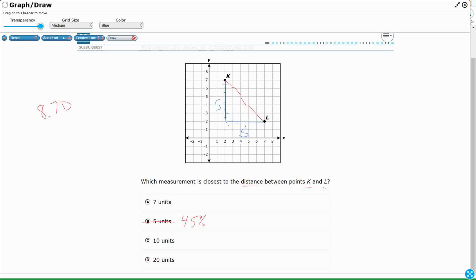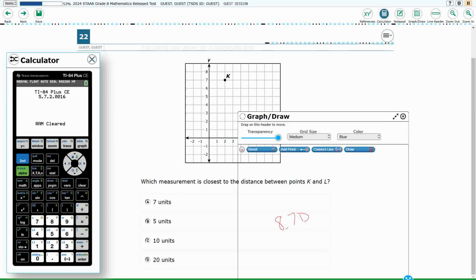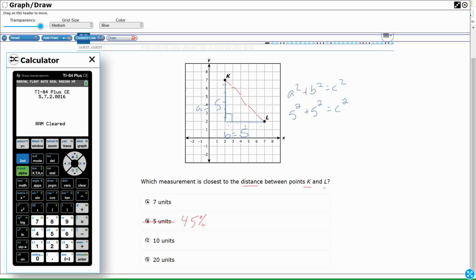But once I have myself a right triangle, I can use my a squared plus b squared equals c squared. These are going to be my a's and my b's here, my 5's. So 5 squared plus 5 squared equals c squared. So let's pull that out here. And let's do 5 squared plus 5 squared. Okay, that equals 50.